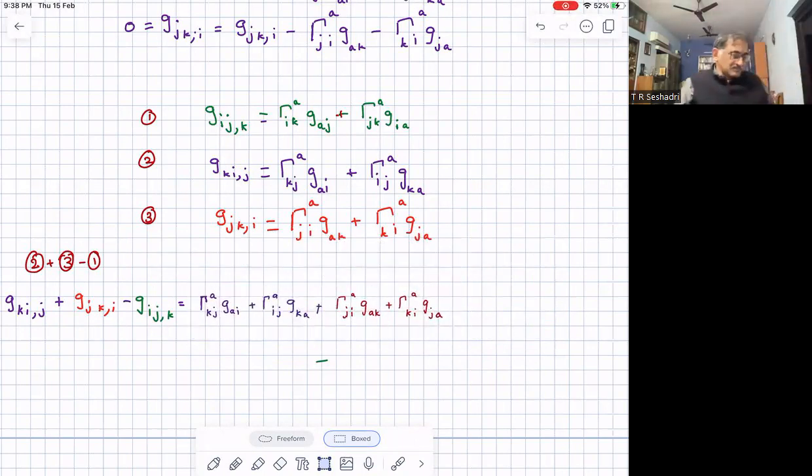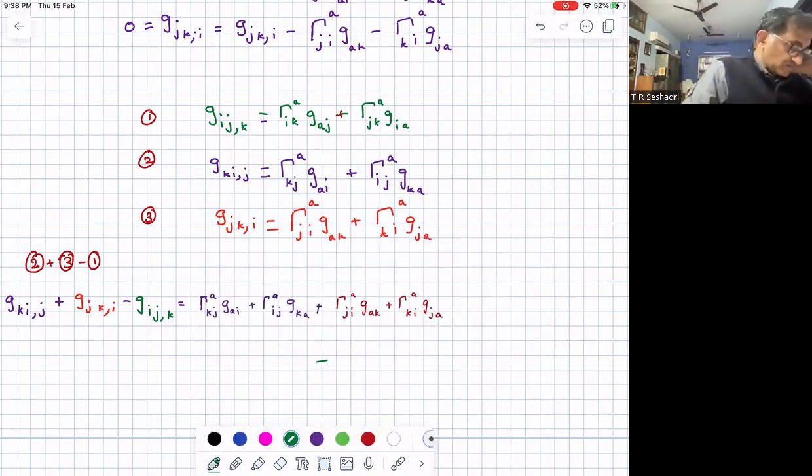So I have enough space. Okay, minus this one, gamma^a_{ik} G_{aj} minus gamma^a_{jk} G_{ia}. All right?